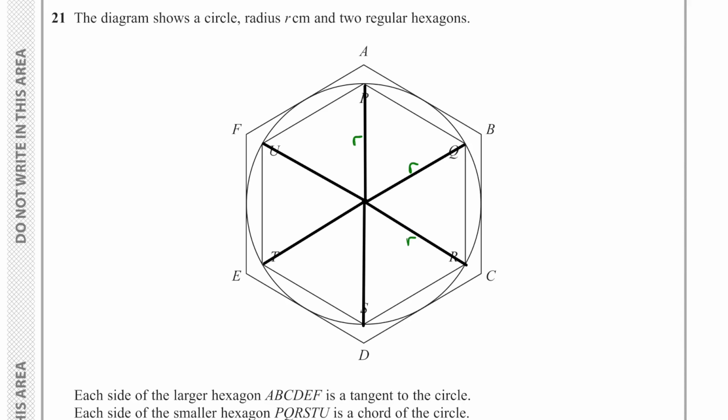So we've got 6 triangles. The whole way around the point is 360, so these are 60-degree angles. And we also know the interior angle of a hexagon is 120, so these are 60s as well.